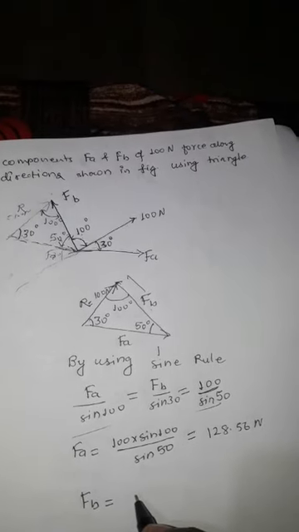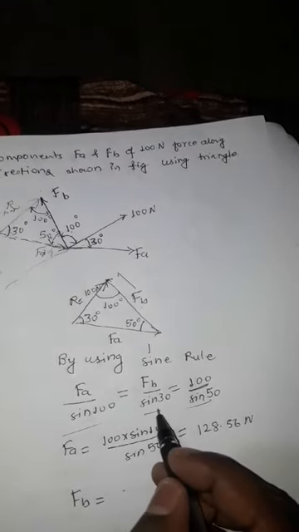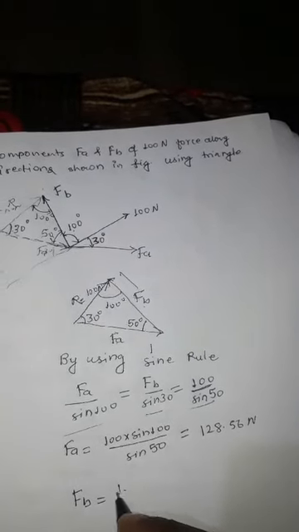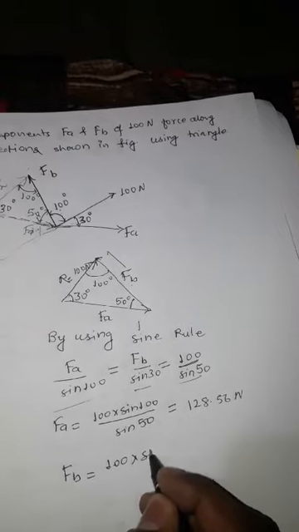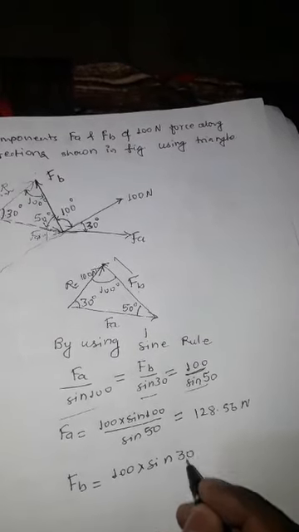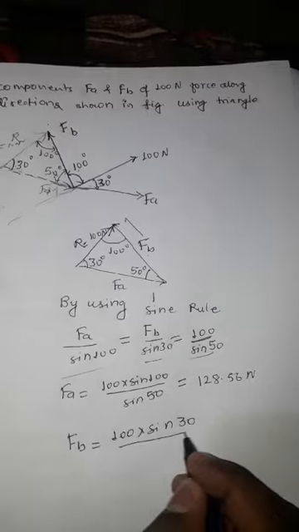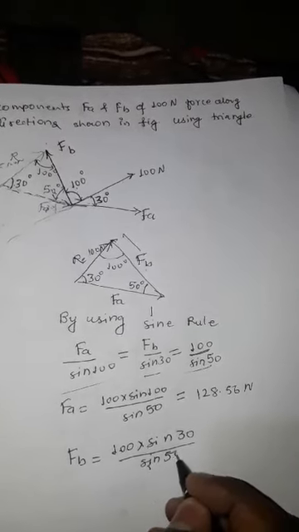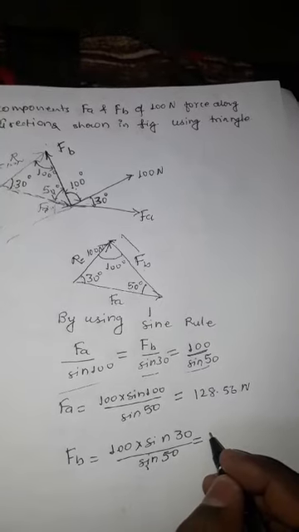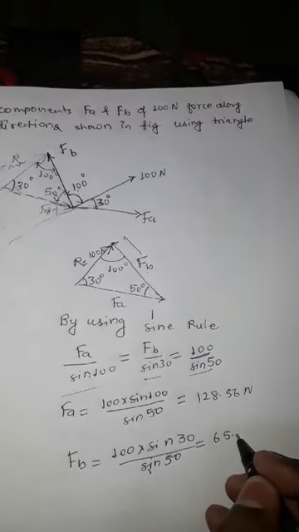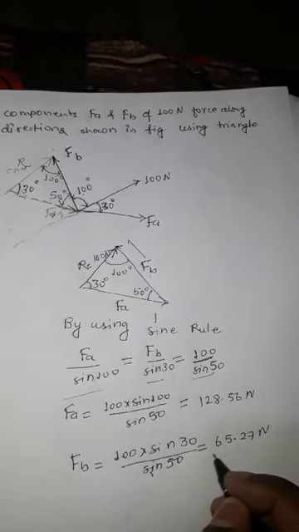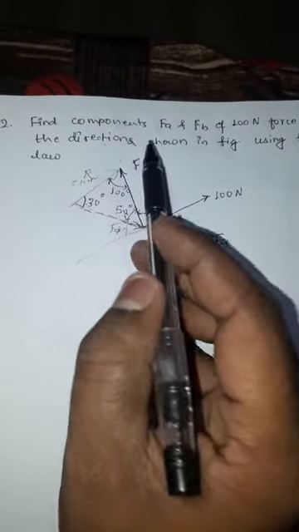Now I am equating Fb and this 100 by sine 50, so Fb will become 100 into sine 30 divided by sine 50, which is nothing but equal to 65.27 Newton. So I have calculated the Fa and Fb components that you have asked for in this question.